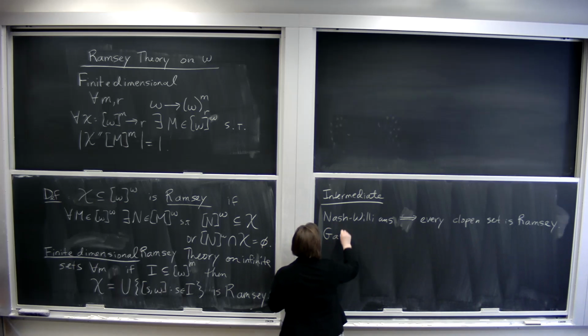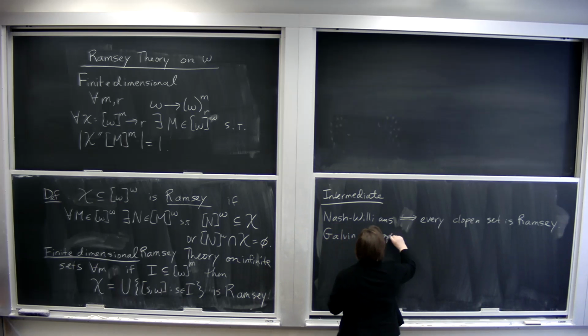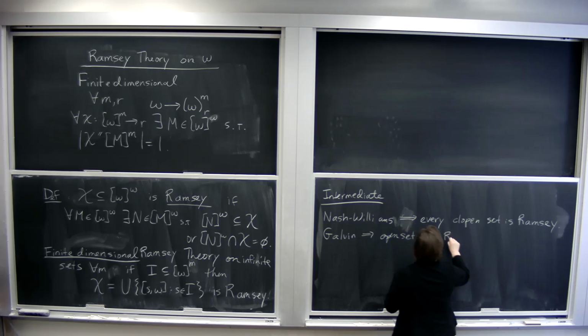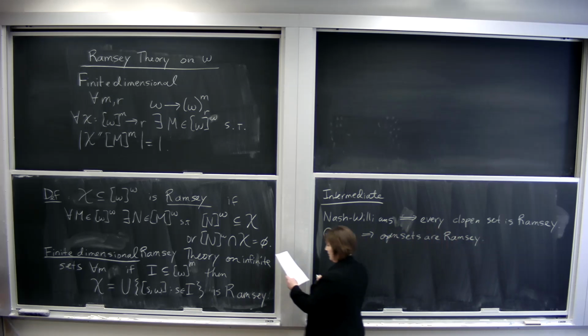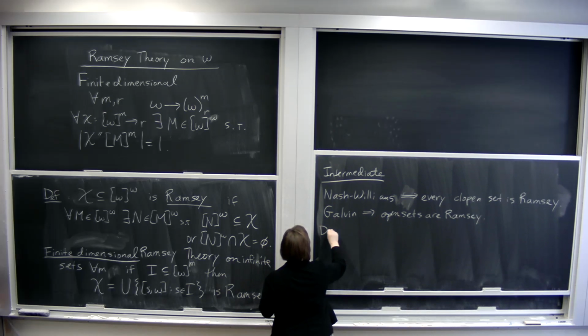And then we have Galvin's theorem, which implies that open sets are Ramsey. And then we get to our Ellentuck topology.